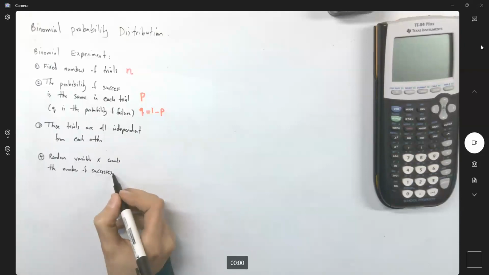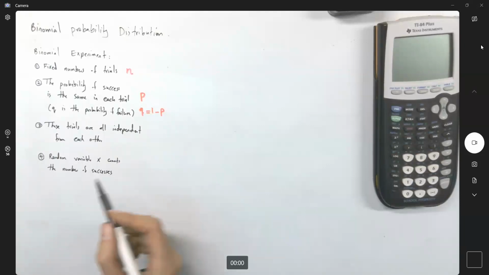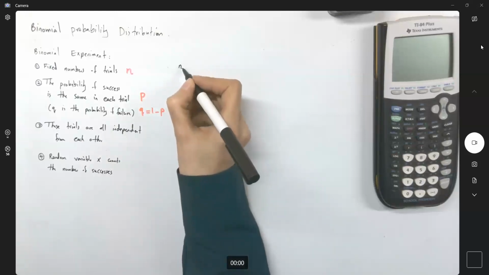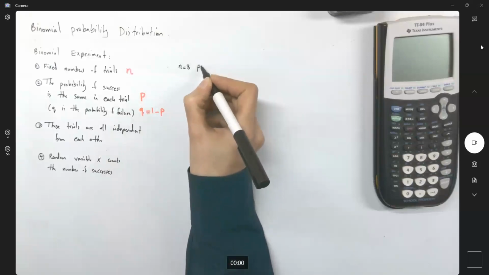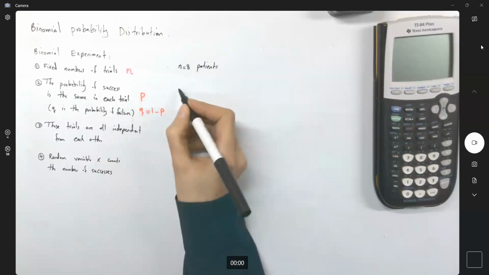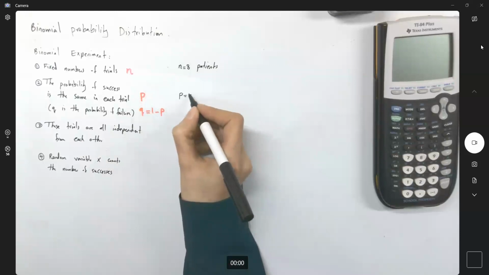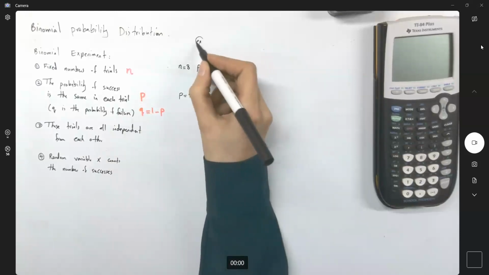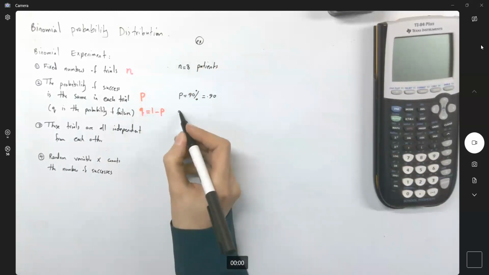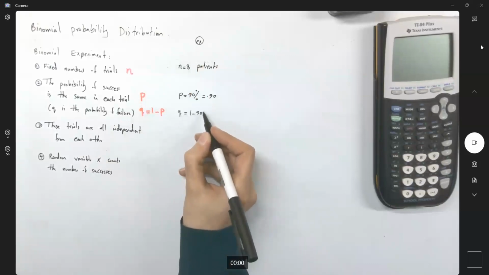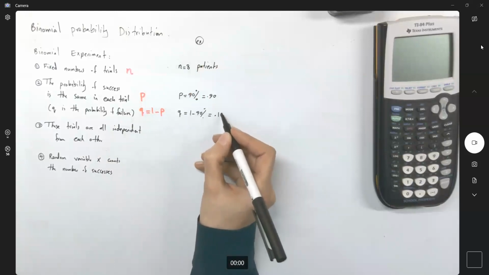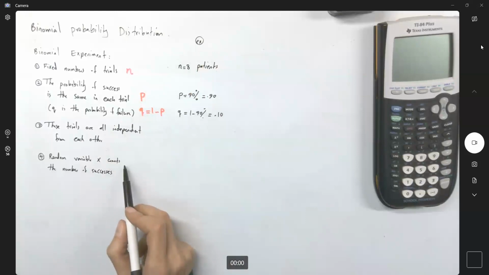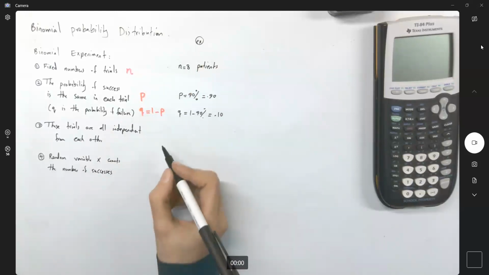So if I ask you to count the number of successes in our example of surgery with 8 patients, n is equal to 8 patients, and suppose the probability of success from past studies is 90%. So just one example that we have. The probability of failure is 1 minus 90%, or 10%. The random variable X counts the number of successful surgeries.